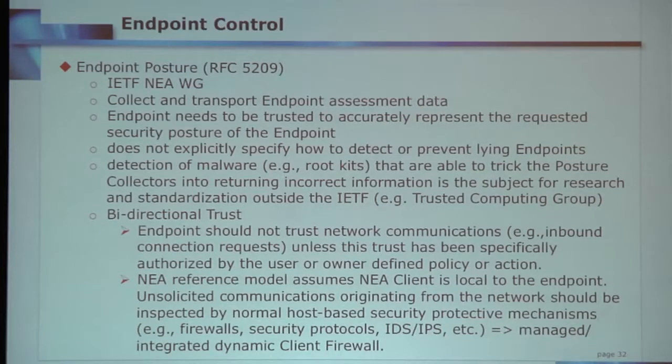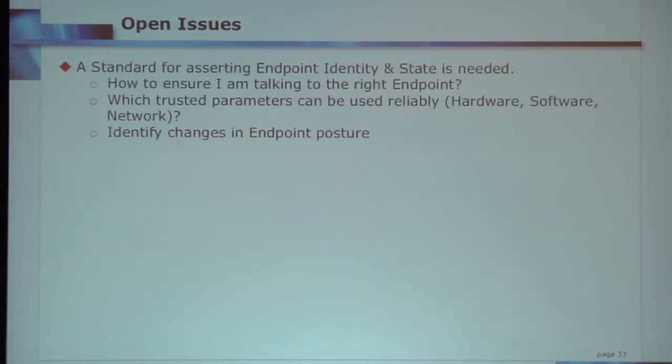Group, for example. So two open issues that I'd like to leave you with here in that space. One is, we need a standard for asserting endpoint identity and state, and there's actually currently a sub-work group as part of the Trusted Network Connect work group within the TCG, the Trusted Computing Group, which deals with developing a device identity and state framework.